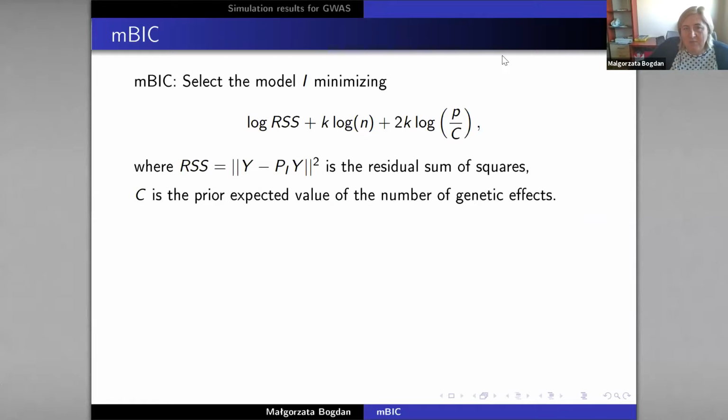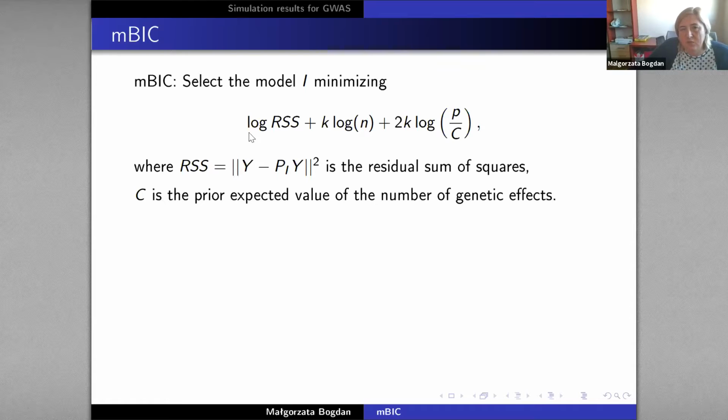And we came up with a criterion which is called MBIC, Modified Bayesian Information Criterion. Here you have a version of the criterion with the log of the residual sum of squares when sigma is not known. This criterion combines the penalty from the BIC and from the risk inflation criterion. Here you have a constant called C, and the modified BIC is basically a Bayesian criterion.